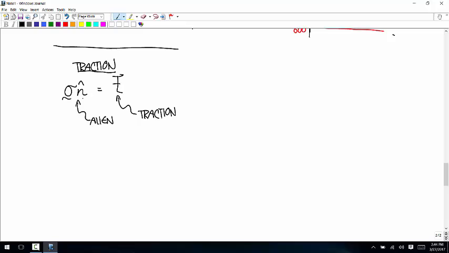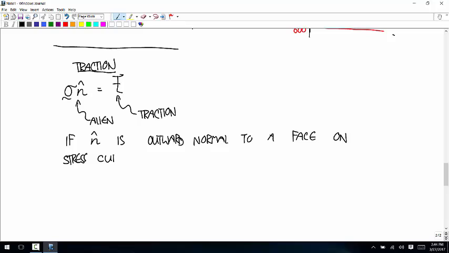And if n is the outward facing normal to a face on the stress cube, then the traction is just the tractions you see on that face of the stress cube.